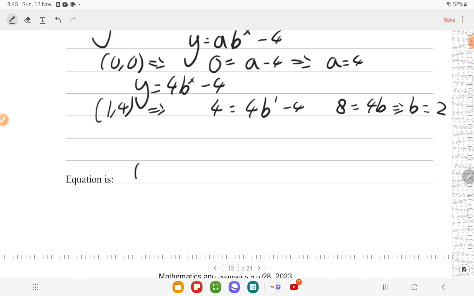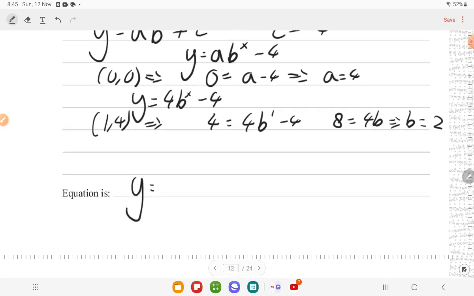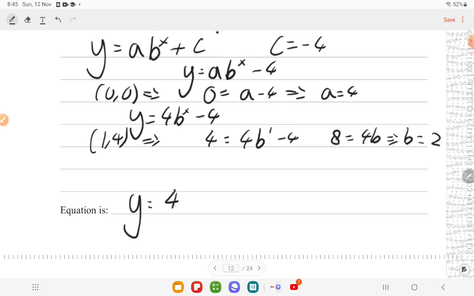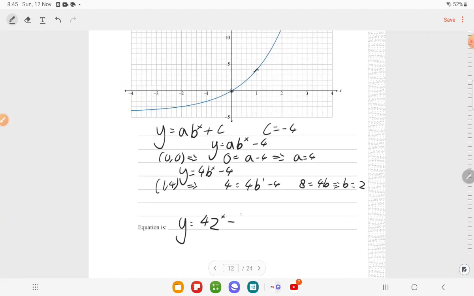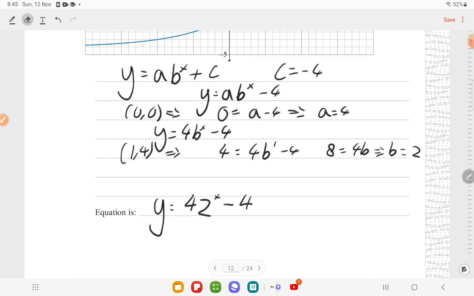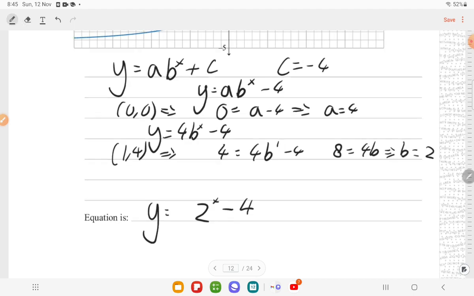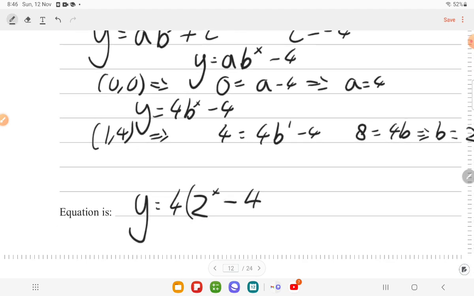Therefore, y equals 4 times 2 to the x, take away 4. Yep, that seems right. I don't want to write 42, it's 4 times 2 to the x.